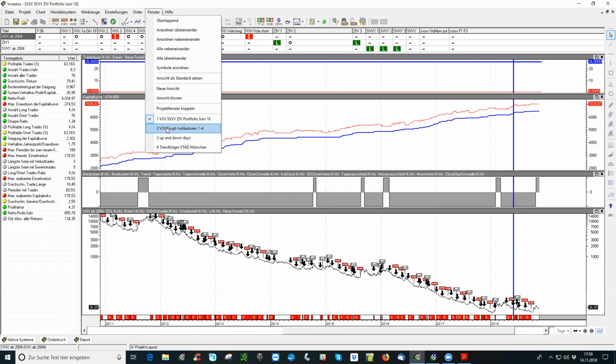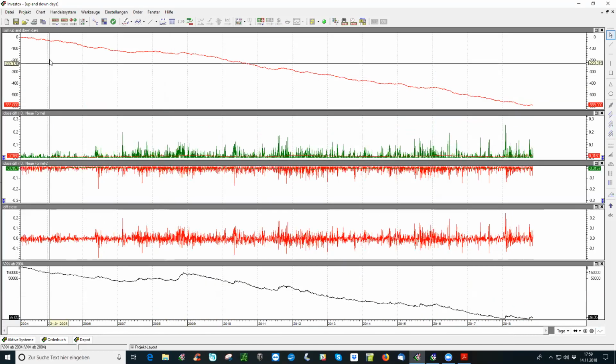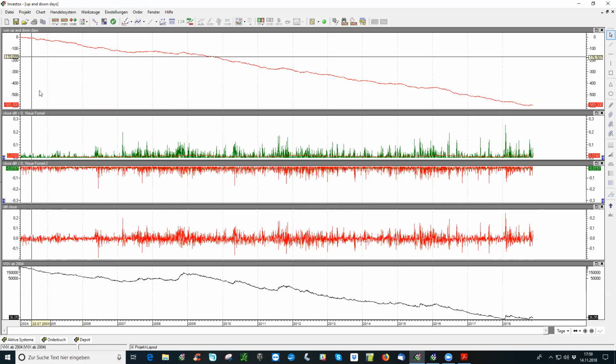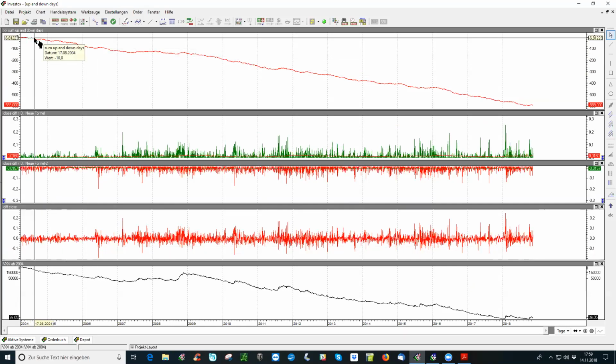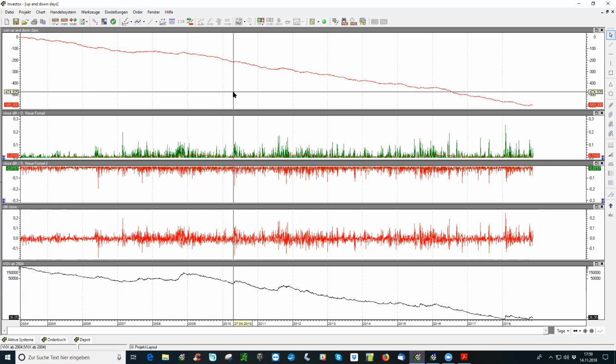And one last thing. This is a chart. When there's an up day, I add +1, and if it's a down day, I subtract 1.